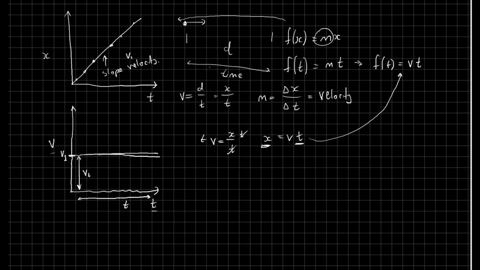Let's say that's t1. And so x1 would then be equal to v1 times t1. You can just think of this as the area under the graph, this area here. So if we want to find out the distance travelled, we have to find the area under this plot.